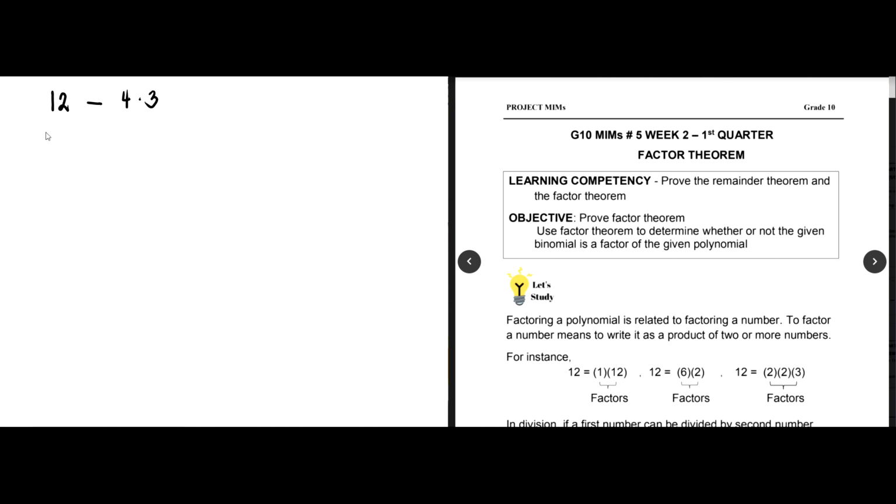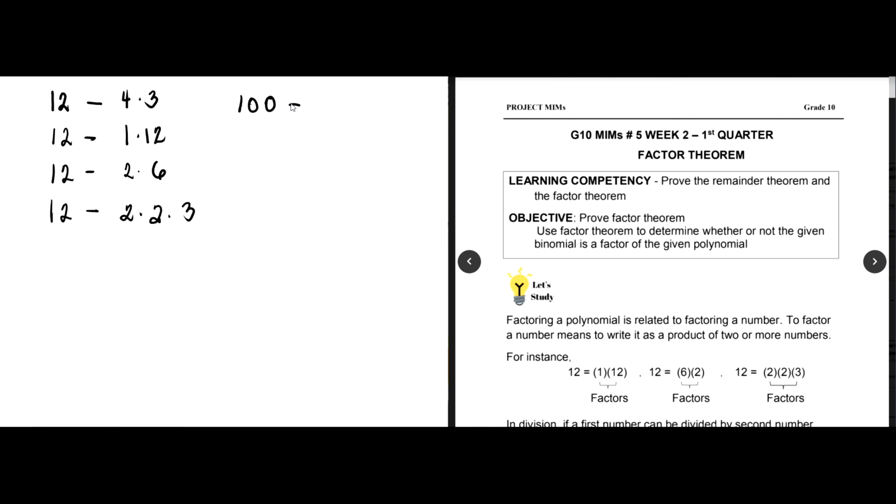What are the other factors of 12? 1 times 12. 2 times 6. It can also be smaller numbers. The 6 can be made smaller: 3 times 2. So 2 times 2 times 3 is also a factor. With small numbers, the factors are quick to get, but with big numbers, that's where it gets difficult.